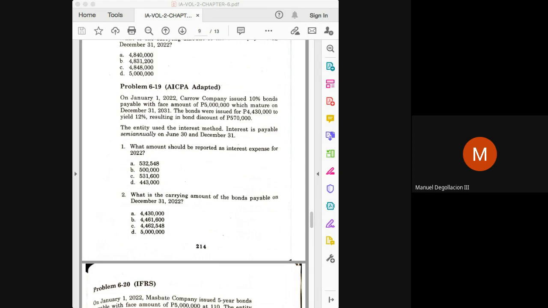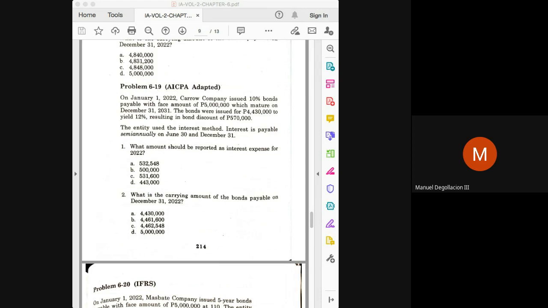That is why you cannot simply multiply the previous carrying amount with the annual rate. You will have to do it per interest payment period. So that's why we do not like problems with semi-annual payment, because it makes the solution process lengthier. But again, let's answer this one.